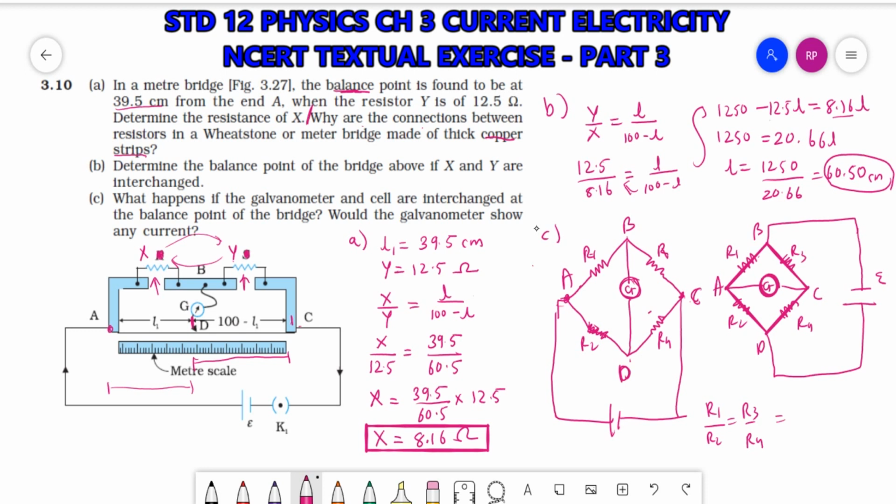Now just rearranging, I can get R1 by R3 equal to R2 by R4. This shows that the bridge is balanced, so again the galvanometer shows zero deflection. In both cases the galvanometer will show zero deflection, so no current is flowing. Clear? So this was about question number 3.10. Just note it down.